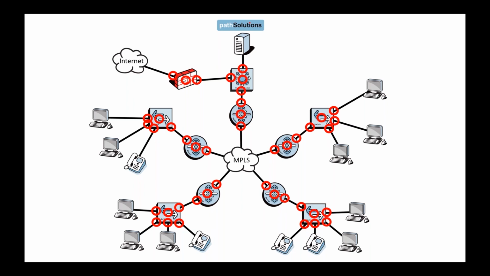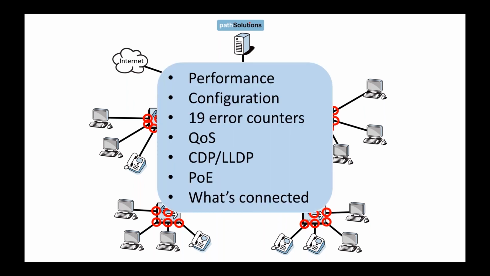Additionally, though, we're going to go far deeper than any other monitoring package. A lot of other monitoring software might collect 1, maybe 2 error counters on the monitored interfaces it has. That leaves a lot out of your view. So we figured we're going to go collect the performance, the configuration, 19 different error counters, all the QoS, CDP, LLDP, PoE, what's connected.